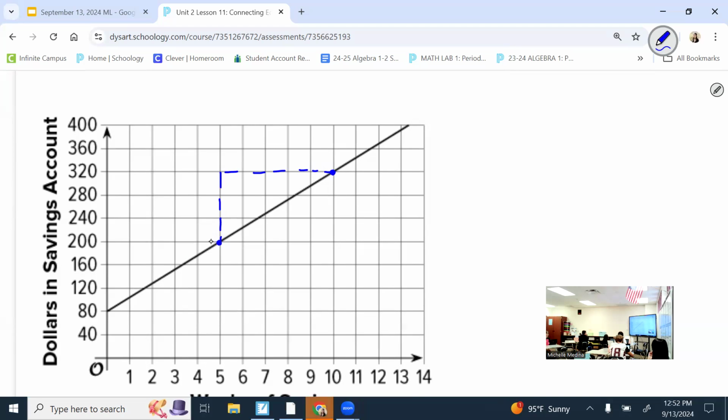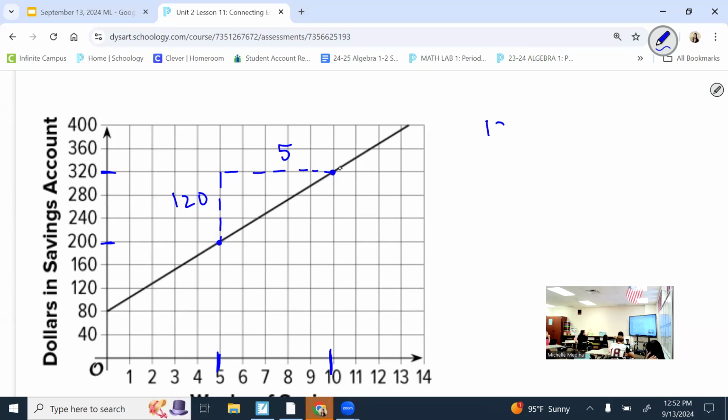So what's the change going from 200 to 320? What is my rise there? Good. And then what is my run when I'm going from 5 to 10? Okay, good.